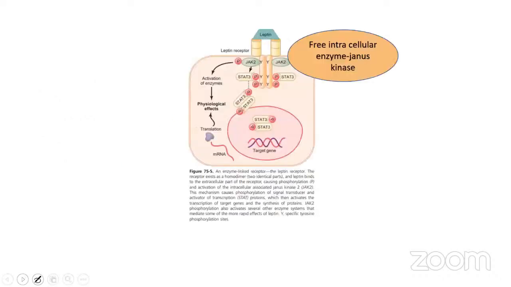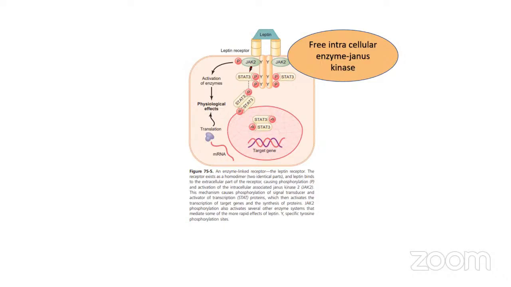So let's see what the JAK-STAT pathway is. Whenever a hormone such as leptin or any other acts on this receptor, it can activate Janus kinase, a protein kinase, which phosphorylates, adding a phosphate unit here.